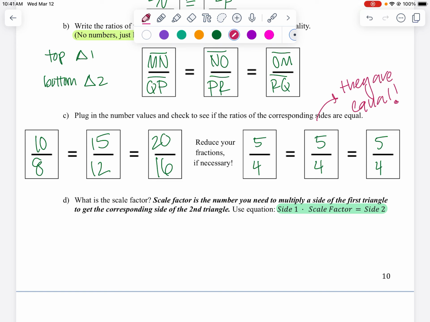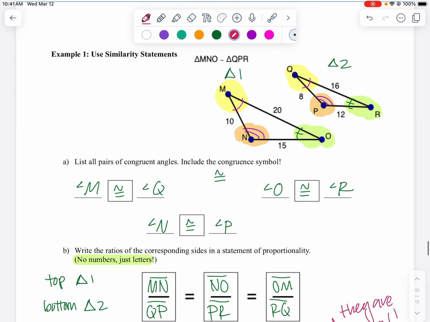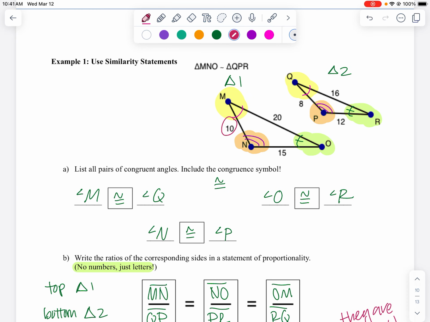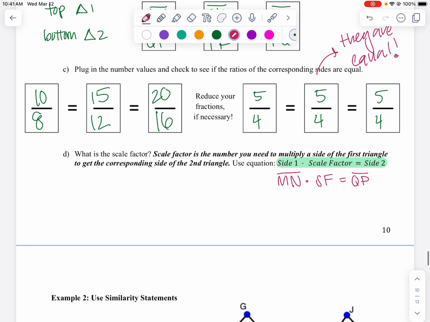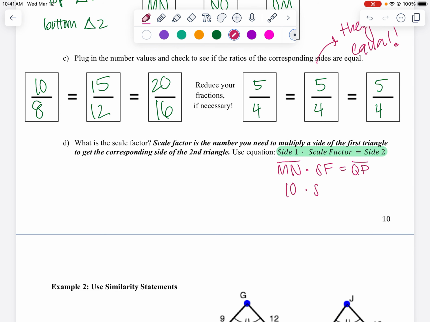So let's start putting in some values: side MN multiplied by scale factor equals side QP. Side MN was 10. Side QP is 8. So I have 10 times my unknown scale factor equals 8.